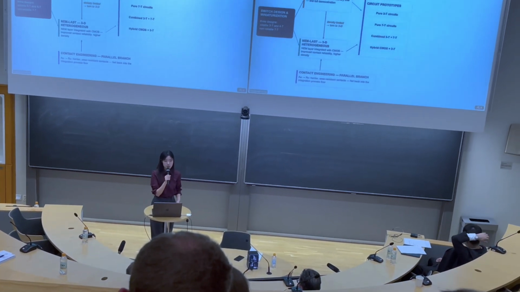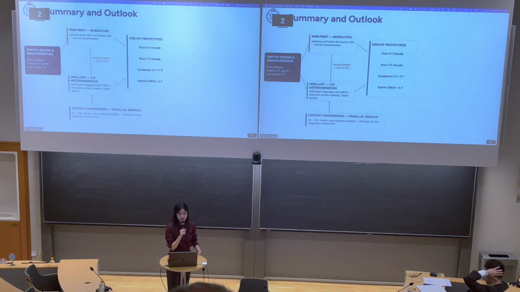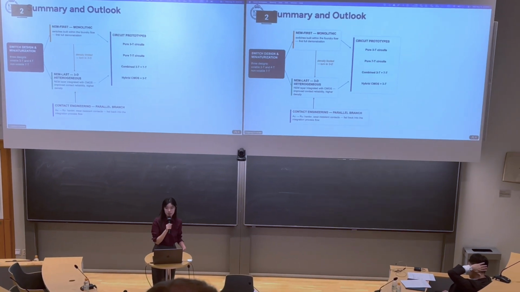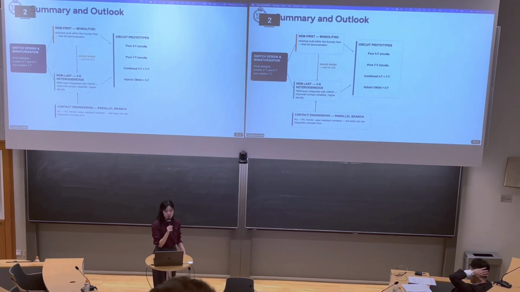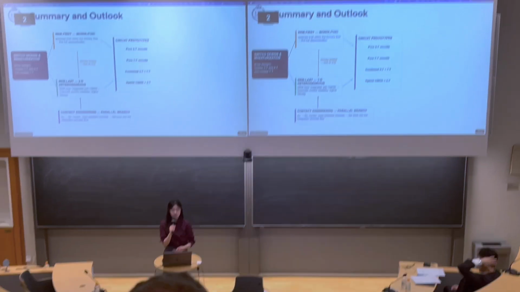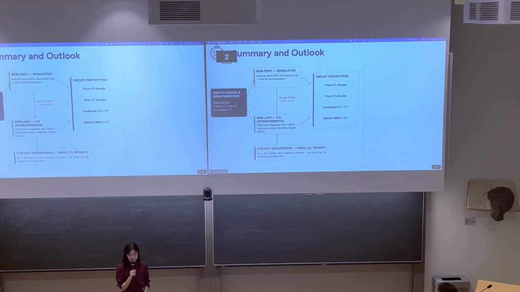Based on these two integration approaches, we implemented 4 different types of circuits. First is the pure 3-terminal NEM switch circuits, and also with pure 7T NEM switch, and combined 3T and 7T, and also the hybrid CMOS plus 3T.